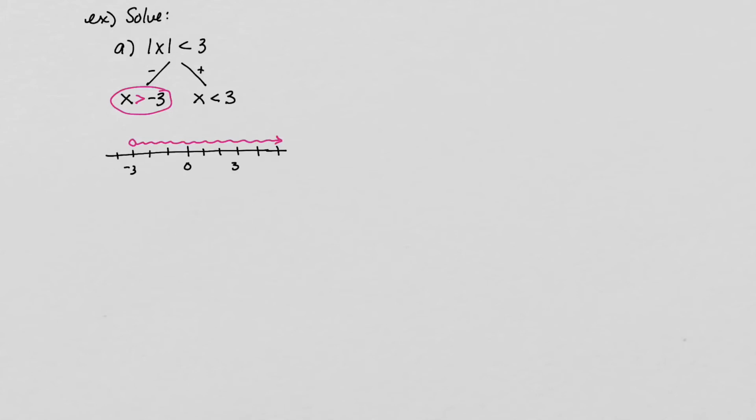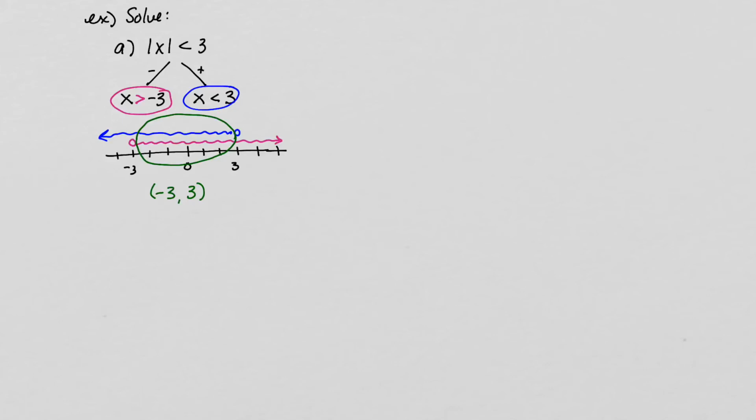And remember, open circle is the same as parentheses, so if you're used to writing it as a parentheses, that's okay. And then this one over here, I'm going to have an open circle at 3, and x is less than 3, so we're going to go all the way this way. And then our answer is going to be where these two overlap. So these two overlap from -3 to 3. And that's the same thing we got before when we were thinking about this problem in terms of distance.